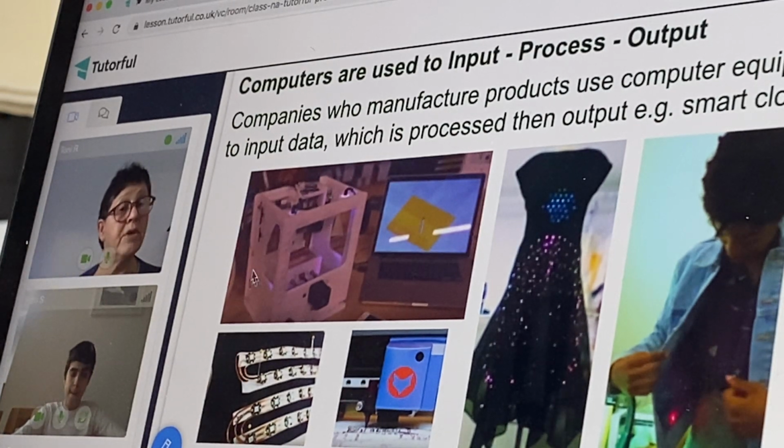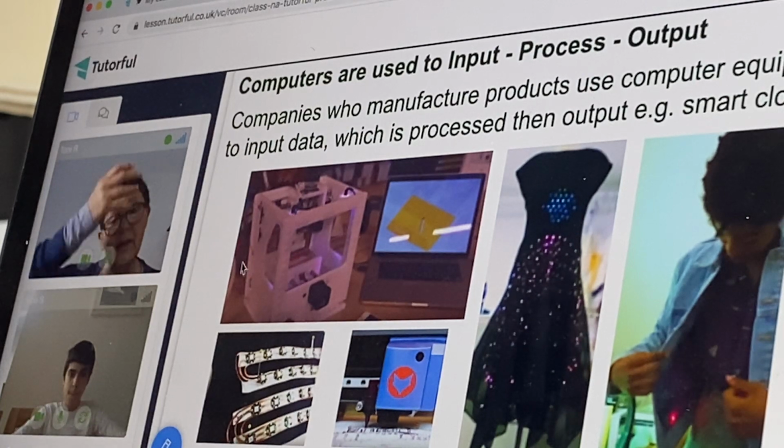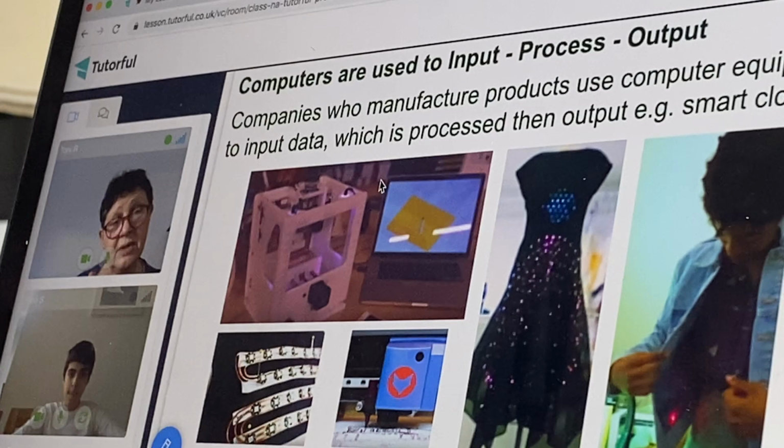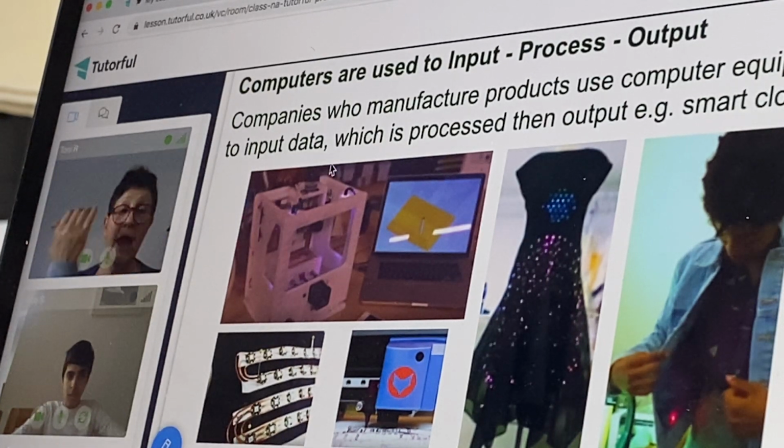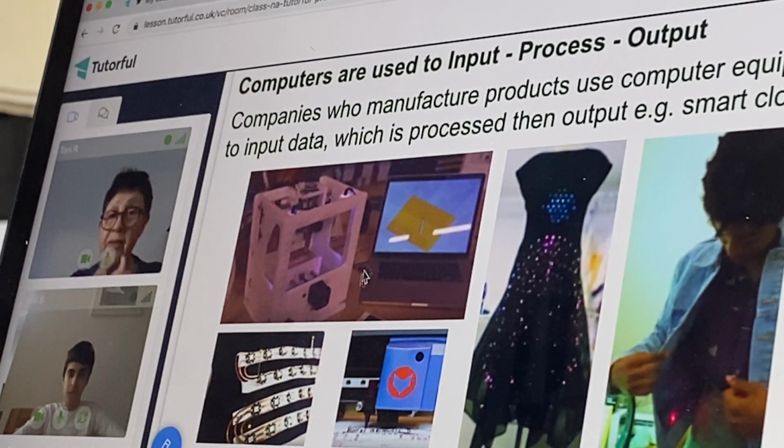So even some schools have these now, and more recently, the PPE masks, the personal protective equipment that the key workers are wearing. There were lots of people who had e-printers, and they actually made some of those masks using their printers.